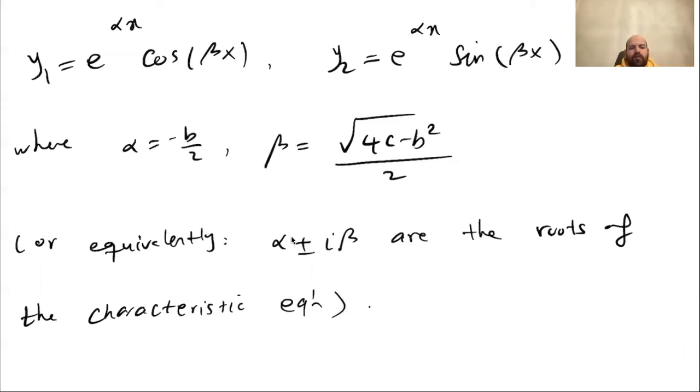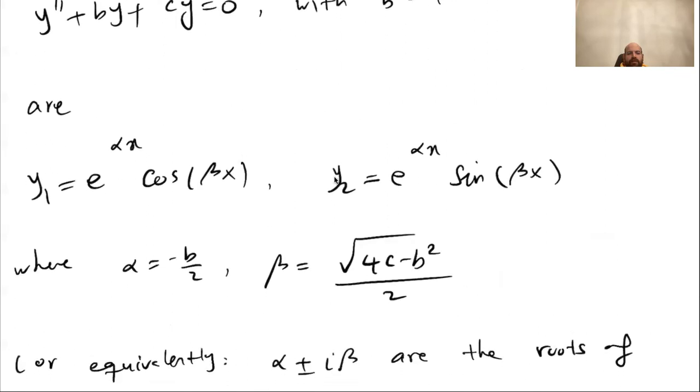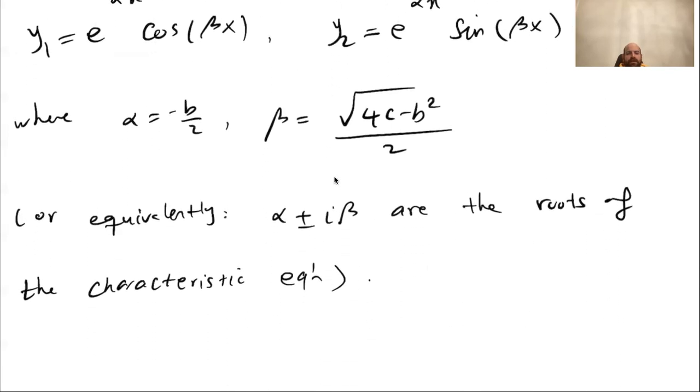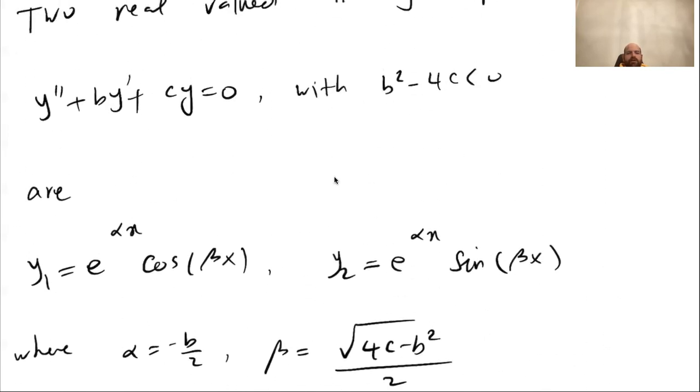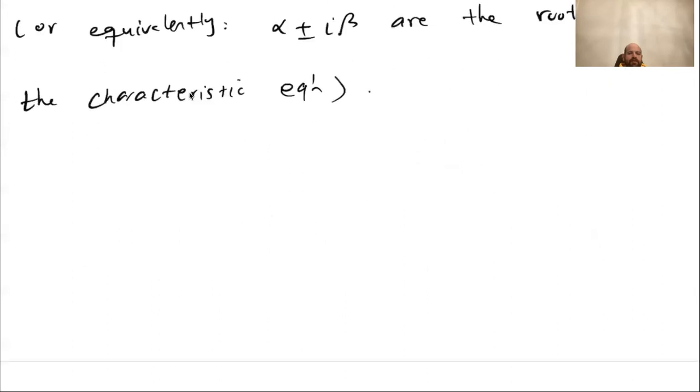So if you don't want to memorize these formulas for alpha and beta, you can simply say that alpha plus and minus I beta are the roots of the characteristic equation of our differential equation. So let's look at an example.